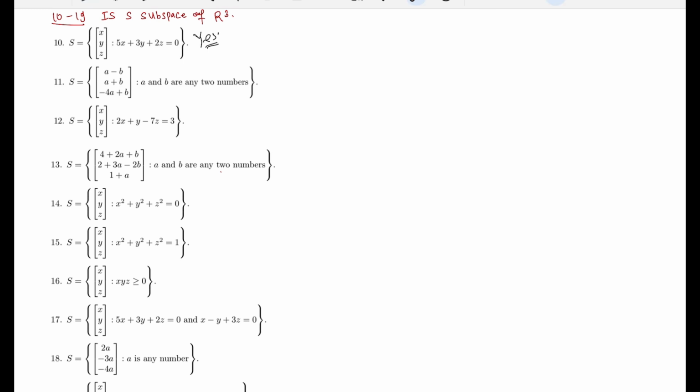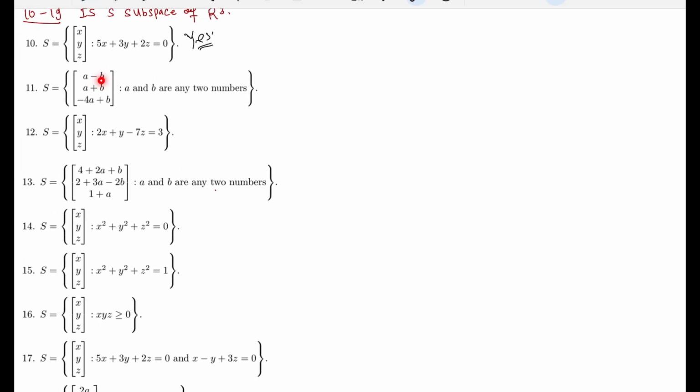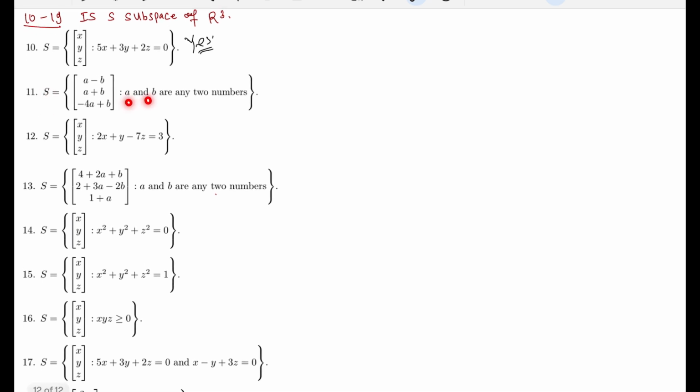Now the second question, 11, is that we have this set of vectors, and a and b can be any two numbers. We just need to find out whether this S is a subspace of R3 or not. For a and b we can pick 0 and 0, so definitely this will be 0, this will be 0, this will be 0. So 0 is there in this particular set.